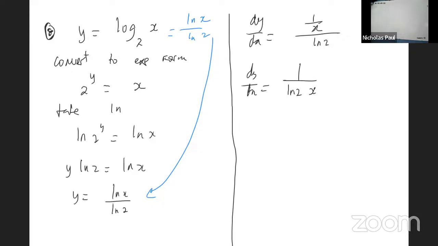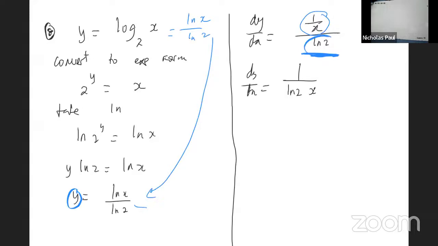Question? Question? Tell me now. Which part? Here? Oh, because I start to differentiate. The differential of y is dy/dx. The differential of ln x is 1 on x.